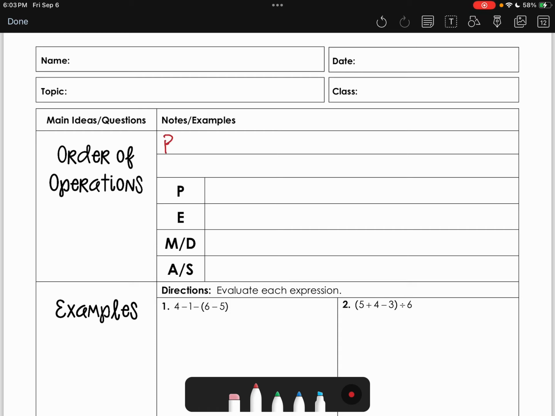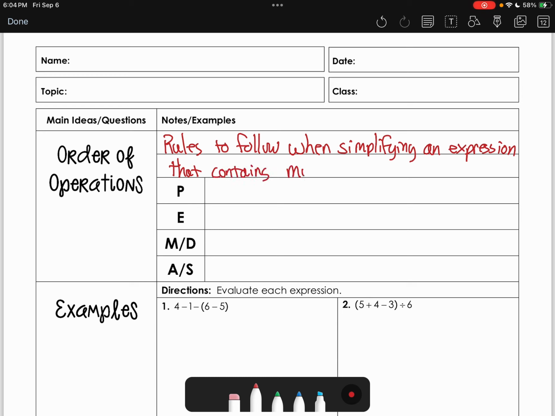These are the rules to follow when simplifying an expression that contains multiple operations. Make sure we got that there.